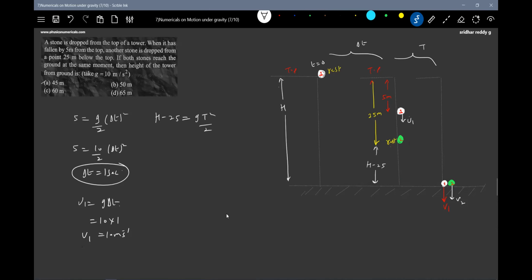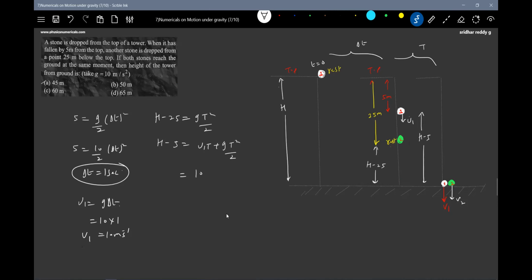Now, do we know T? We don't know that T. What height will the first stone descend? h minus 5. So this h minus 5 should be equal to g t square by 2. Is it justified? No, actually you have to write U1 t plus g t square by 2.